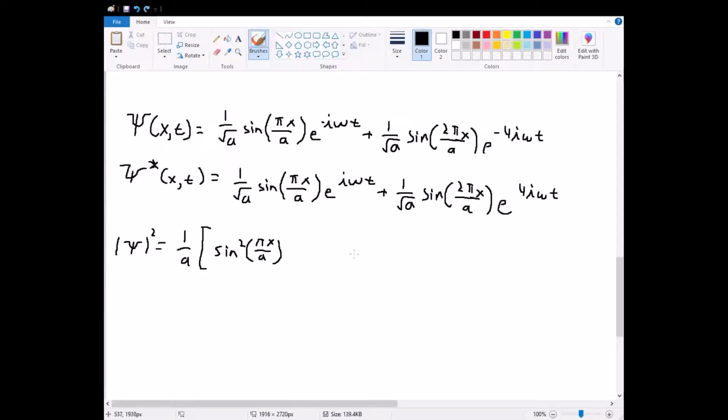So this is going to be, let's see, plus sine of pi x over a times sine of 2 pi x over a, and this is already looking to be a very tediously long expression, unfortunately. And then we have e to the negative i omega t times e to the 4i omega t. Well, the exponents just add, so this is e to the 3i omega t.